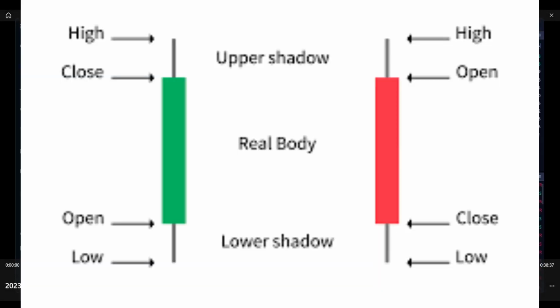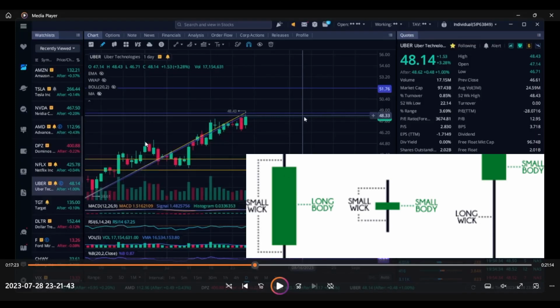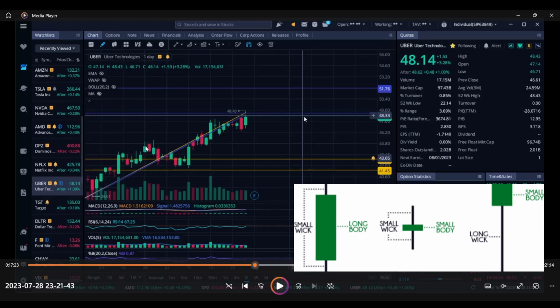All right, quick, let's go over an actual candlestick. What a candlestick shows is the wick. This is the wick. This is the body.